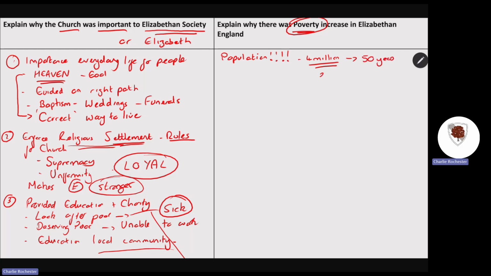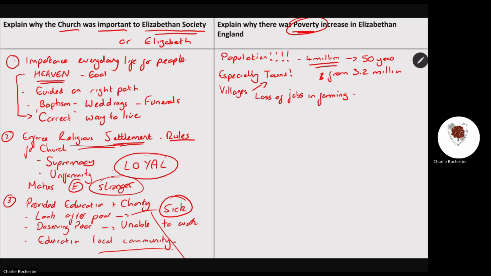And that was an increase from 3.2 million. It grew massively, especially in the towns, because a lot of people from the villages were beginning to move to towns because of loss of work, loss of jobs in farming.